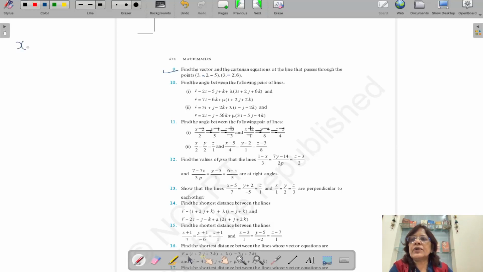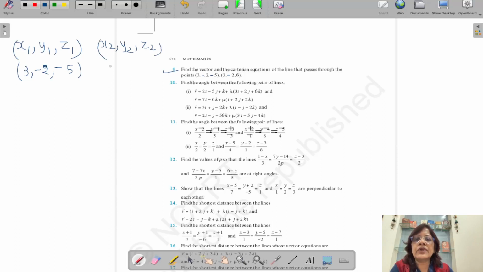So what we can do is x1, y1, z1 is 3, minus 2, minus 5 and the point x2, y2, z2 is 3, minus 2 and 6. Both the Cartesian and vector equations of the line are asked.